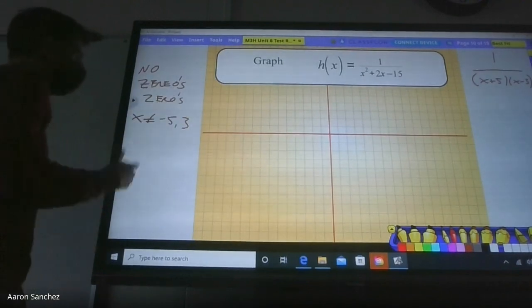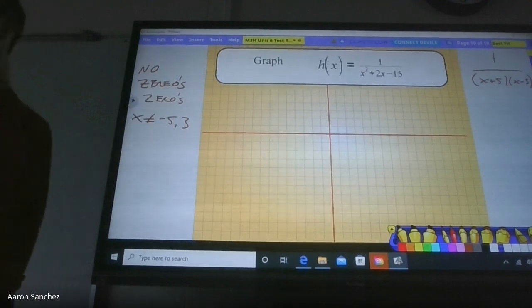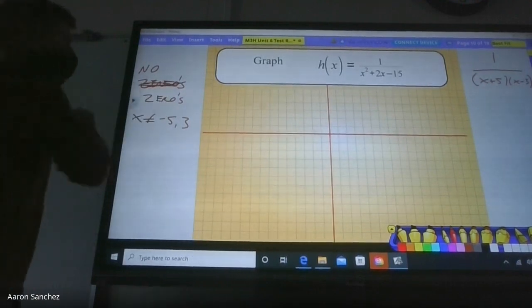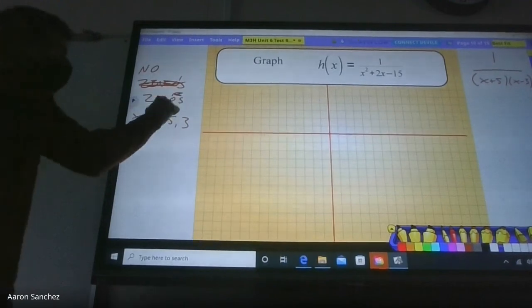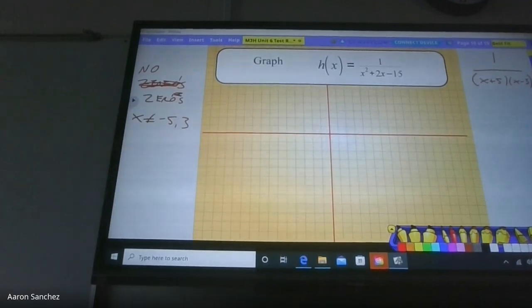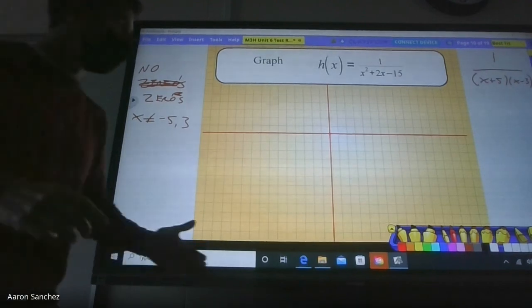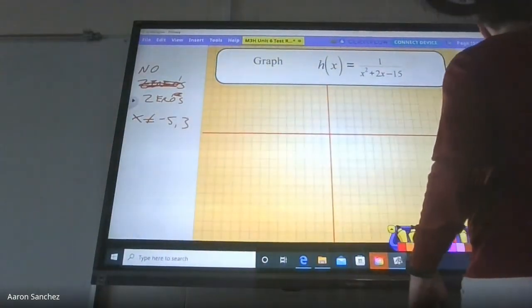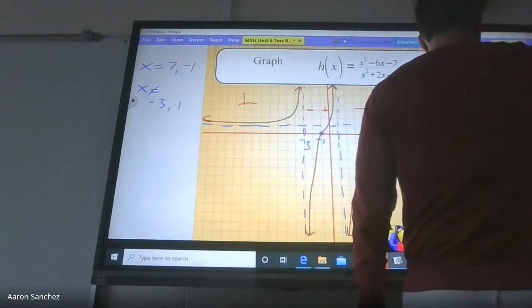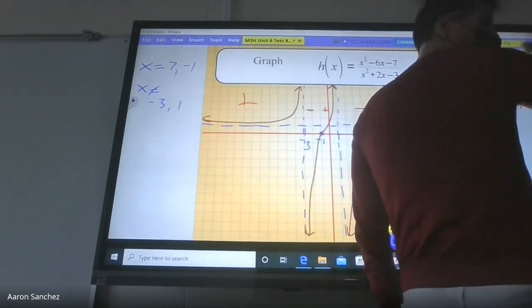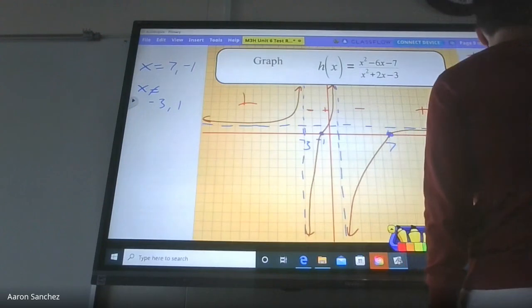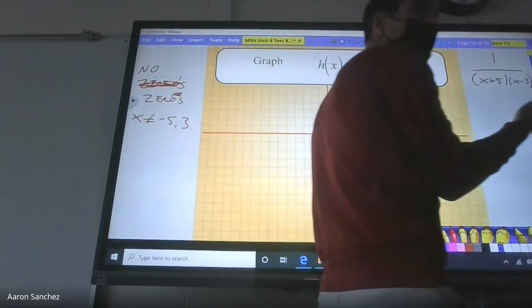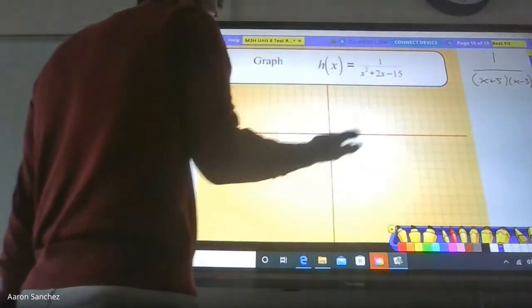Z-E-R-O-S. No apostrophe. You guys see why there's no zeros? There's no x, so there can't be a zero in the numerator. Before, I said to make it zero, 7 makes it 0, negative 1 makes it 0. You plug in those numbers. You can't, there's nothing to plug in here, right? So there's no zeros. Okay.